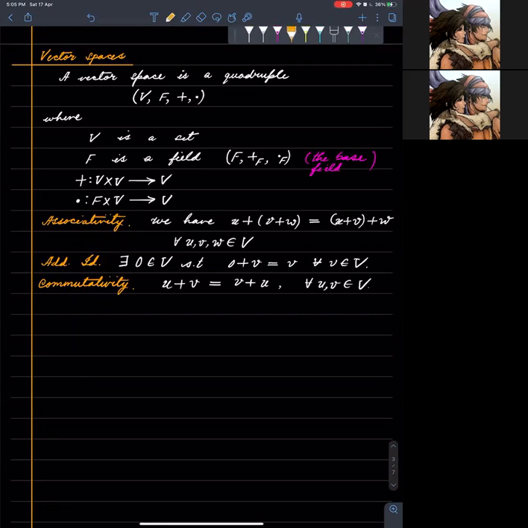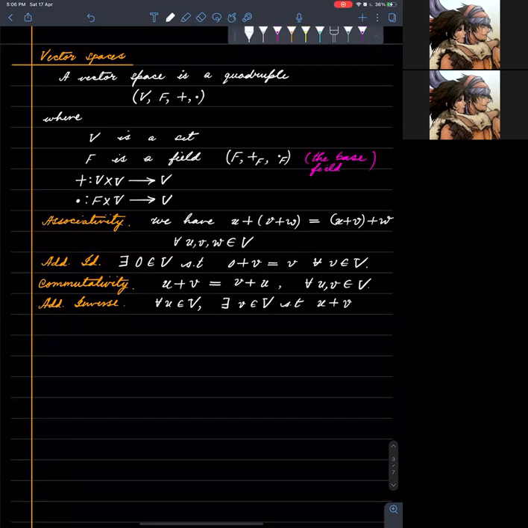And finally, additive inverse. That for all vectors u in V, there exists a vector v in V such that u plus v is 0.